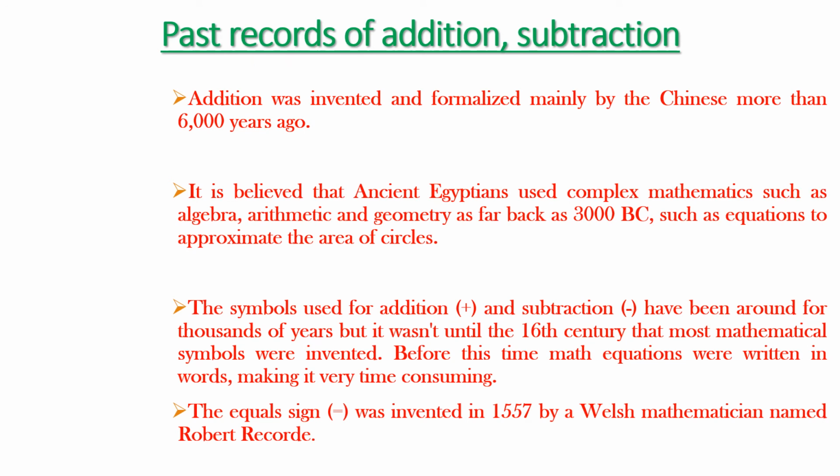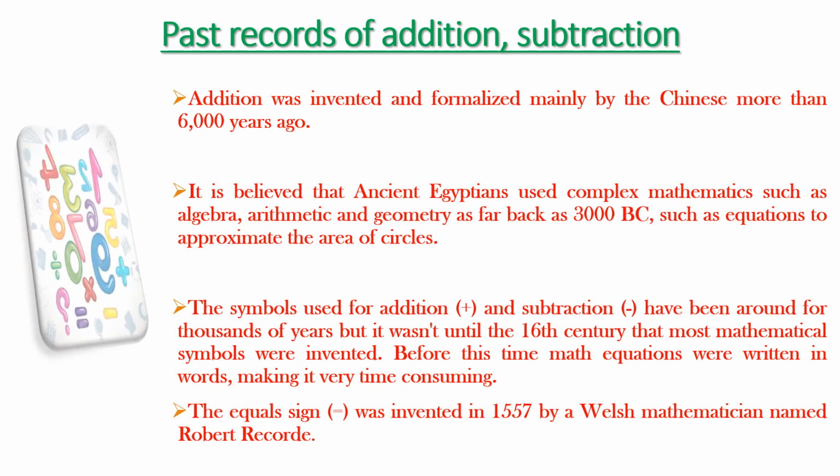Here are some past records of addition and subtraction. Addition was invented and formalized mainly by the Chinese more than 6,000 years ago. It is believed that ancient Egyptians used complex mathematics such as algebra, arithmetic and geometry as far back as 3000 BC, before Christ, such as equations to approximate the area of circles.